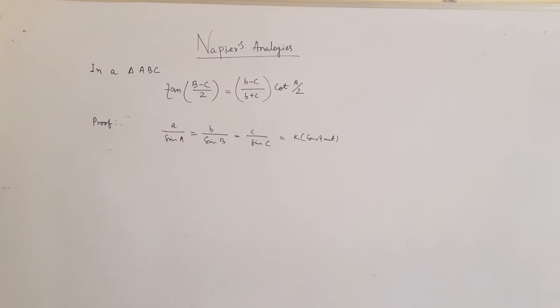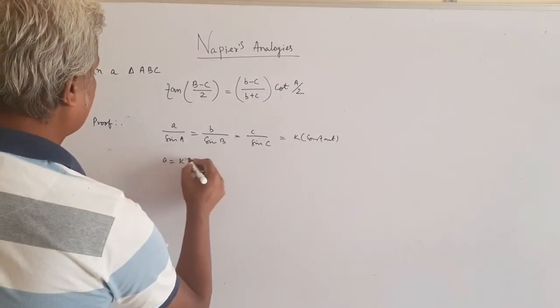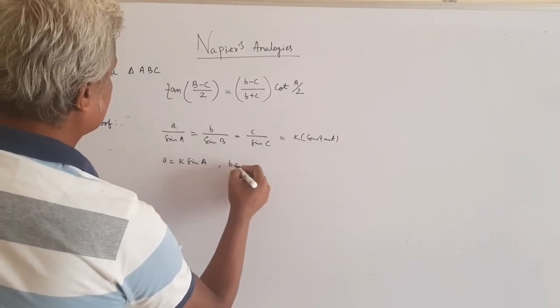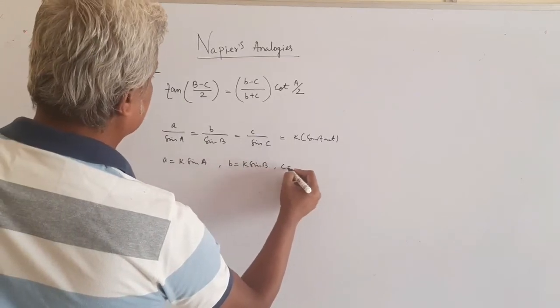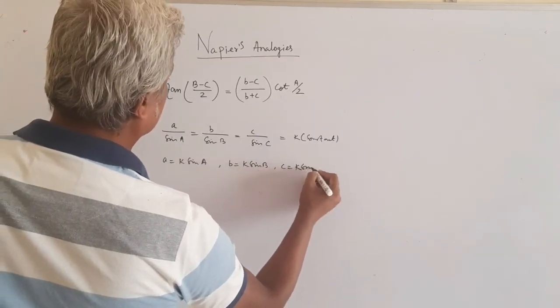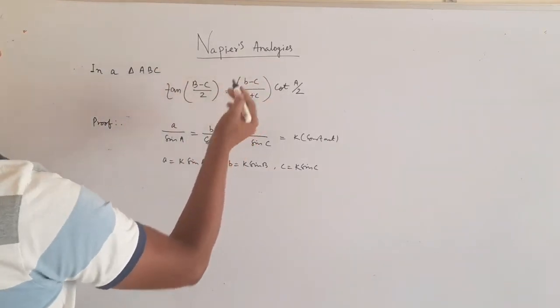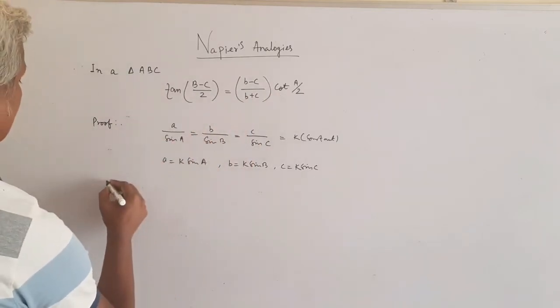Then what do you get? You get a equals k sine A, b equals k sine B, c equals k sine C.